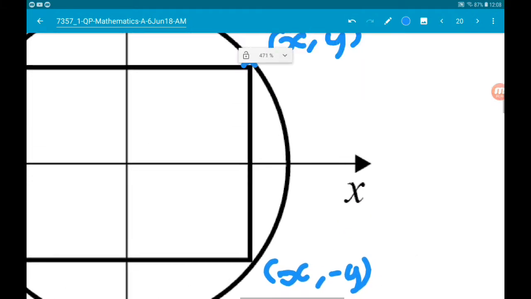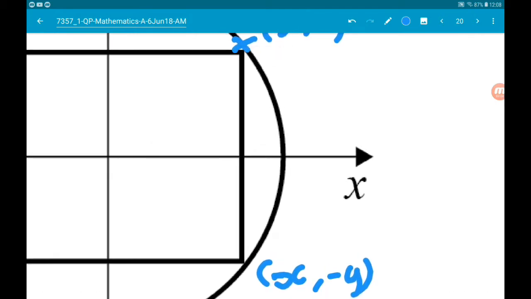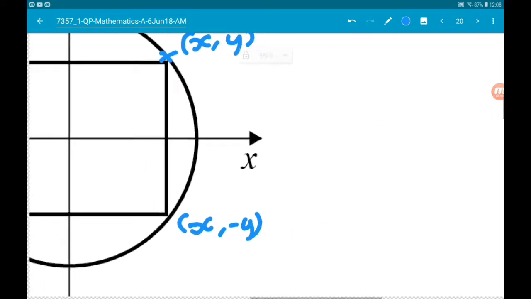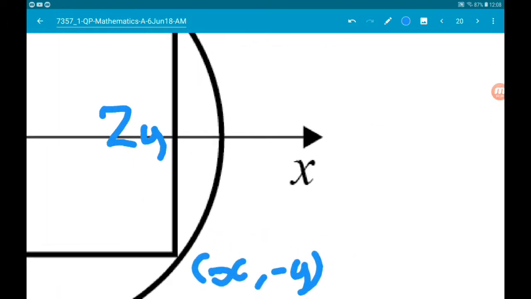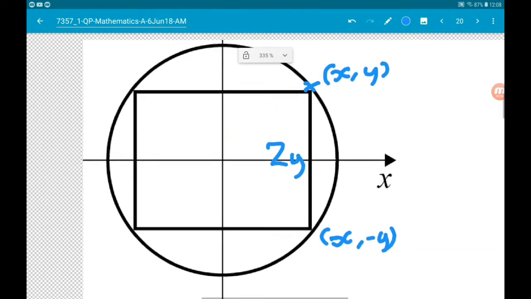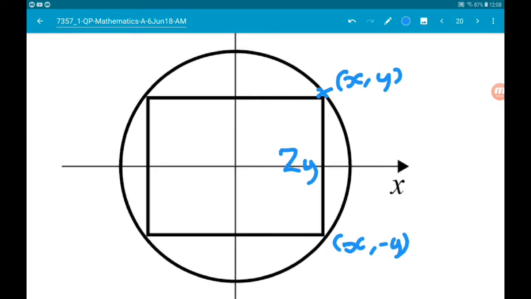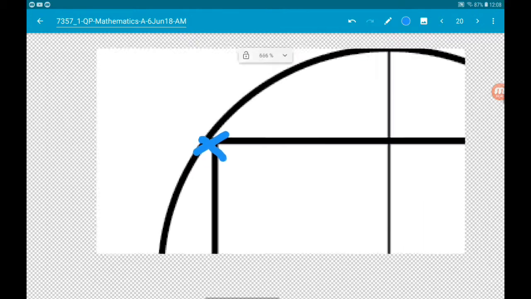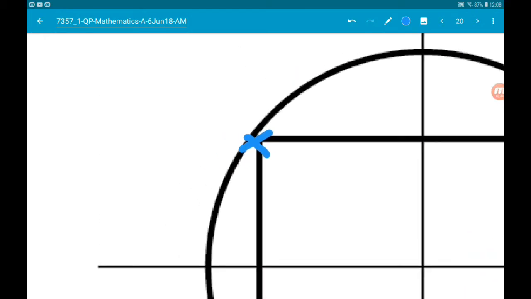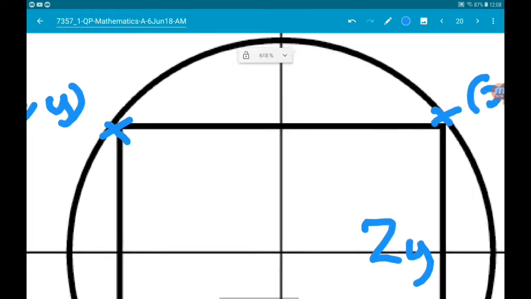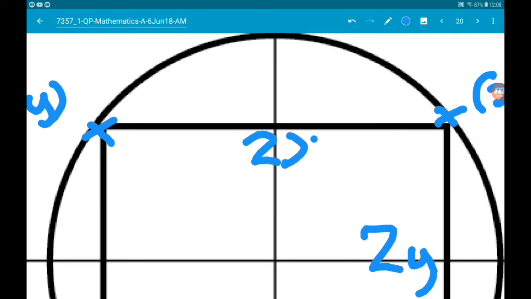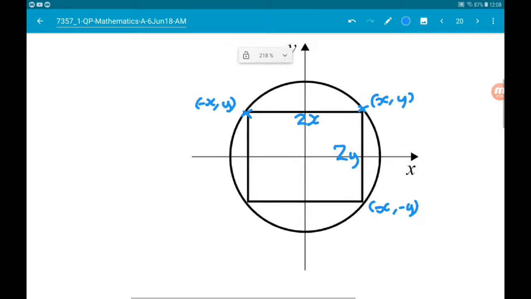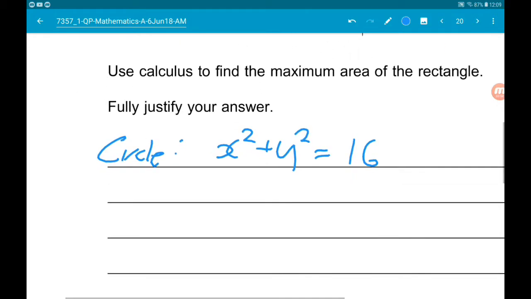Now what that tells us is that the height of the rectangle is 2y. So let's just put that here. And then very similarly, for the width or the length, we know this point over here is going to be minus x, y. So the length of our rectangle is 2x.